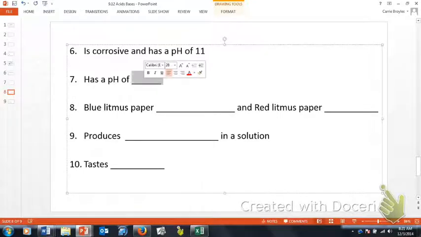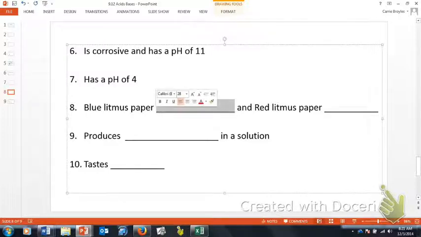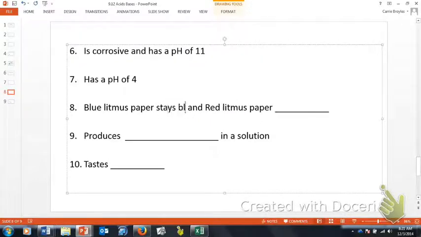Number 7, this substance has a pH value of a 4. Number 8, with this particular substance, you're going to have blue litmus paper that stays blue and red litmus paper that will stay red.